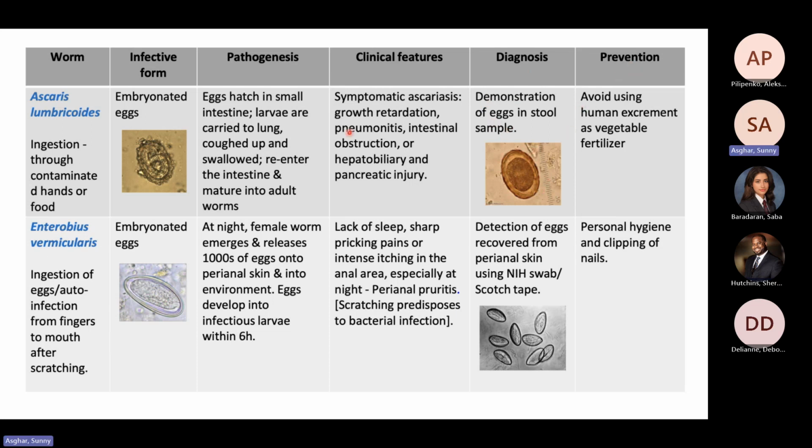The way to prevent this is to avoid using human excrement as vegetable fertilizer. I don't know why they would use human excrement as vegetable fertilizer, but apparently they do. But yeah, guys, just remember, don't use human excrement for vegetable fertilizers.